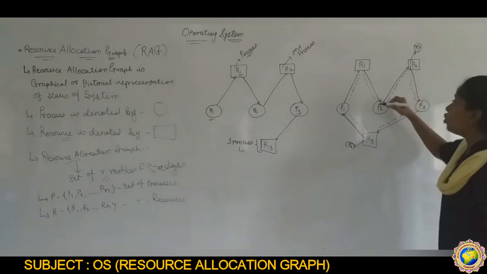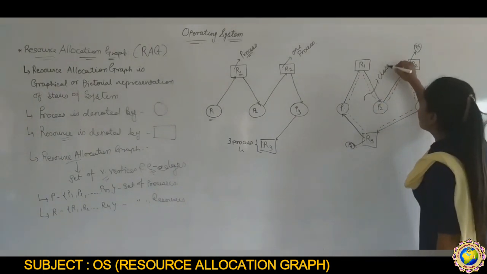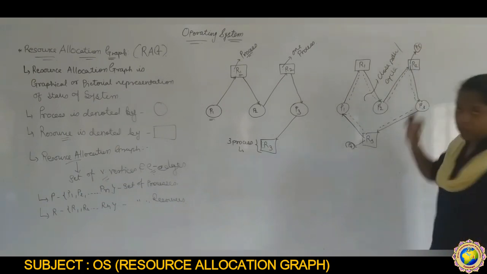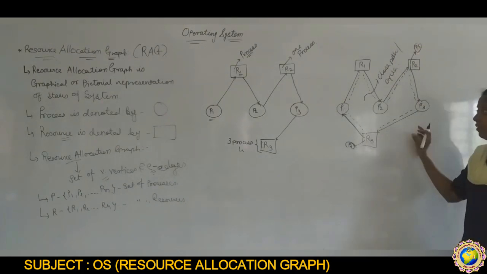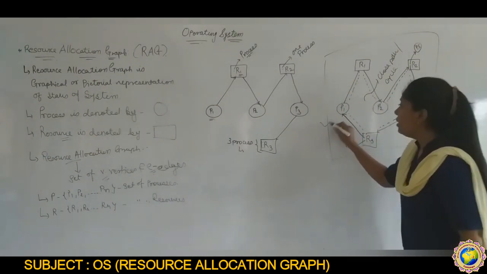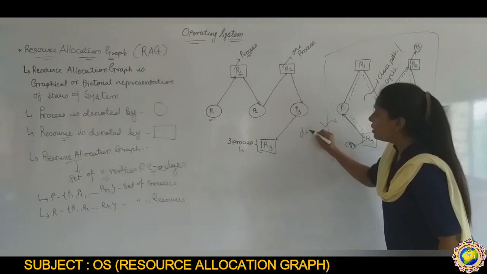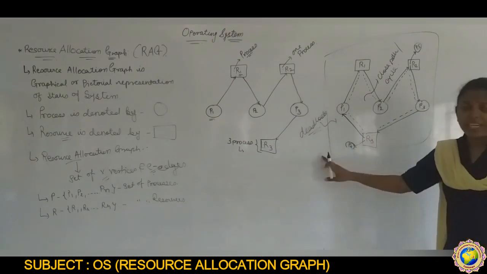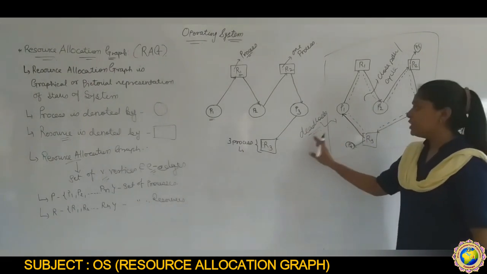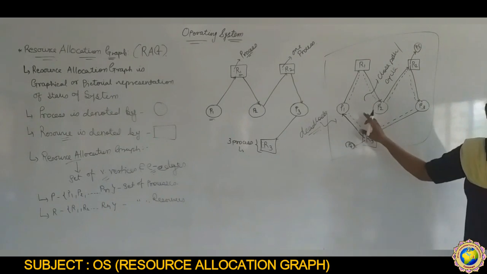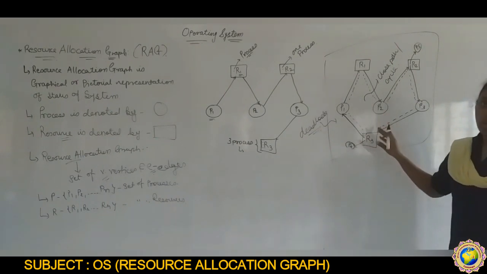That is called a closed path, or we can say a cycle, right? Whenever you are showing like this, then it may be possible that deadlock occurs. We will see later in detail what we mean by deadlock. But this we call a deadlock.